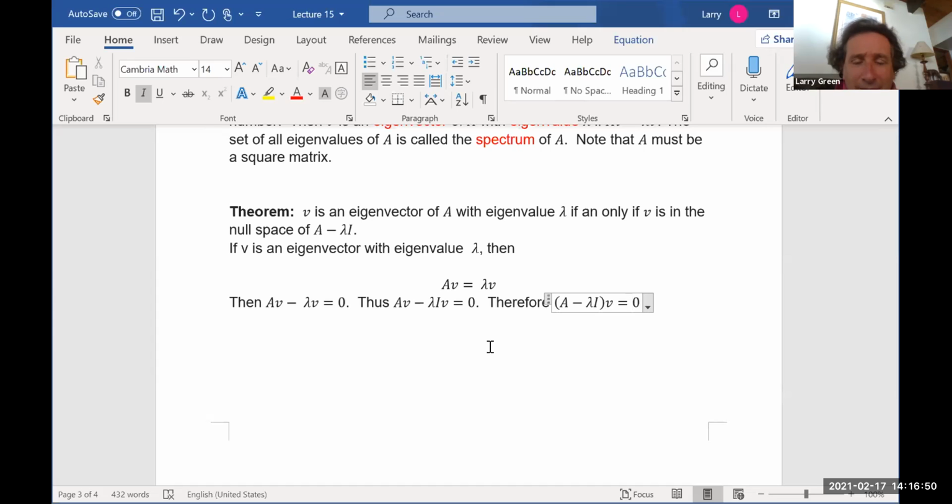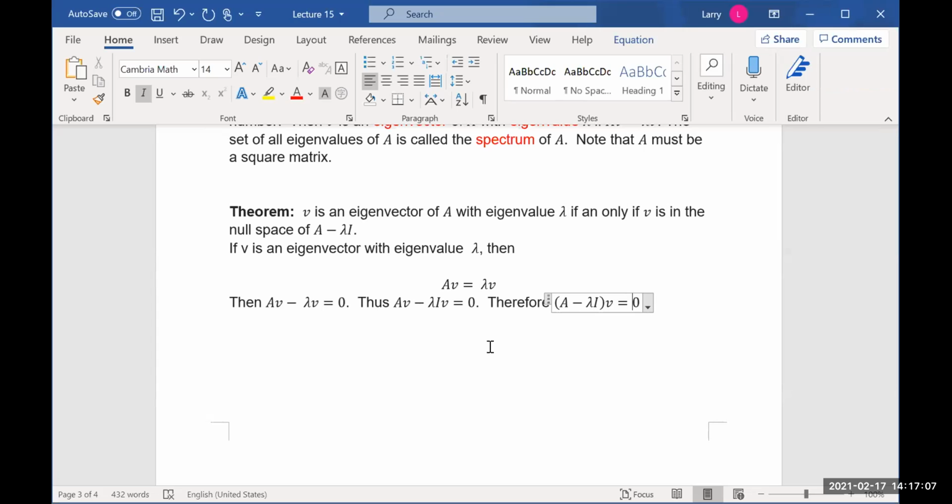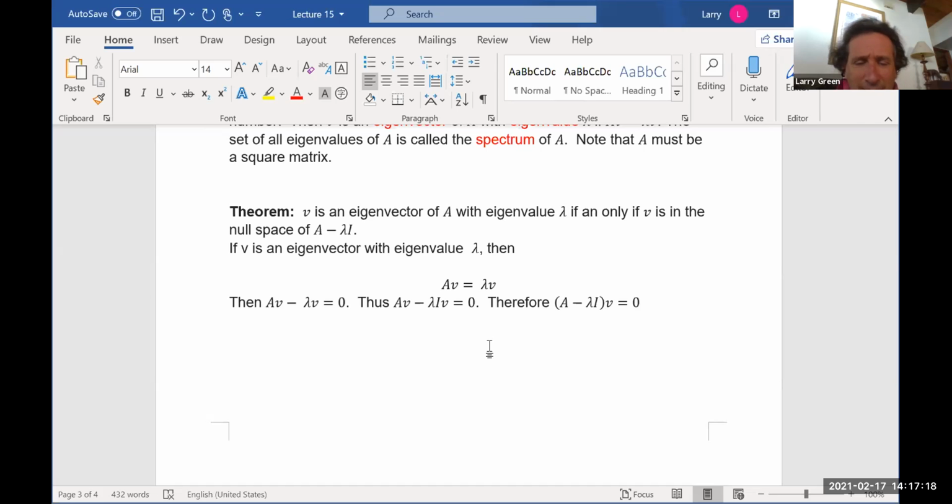Why am I done? Because V is a multiple of A minus lambda I, which is in the null space. V is not a multiple of A minus lambda I. A minus lambda I is a matrix, V is a vector.